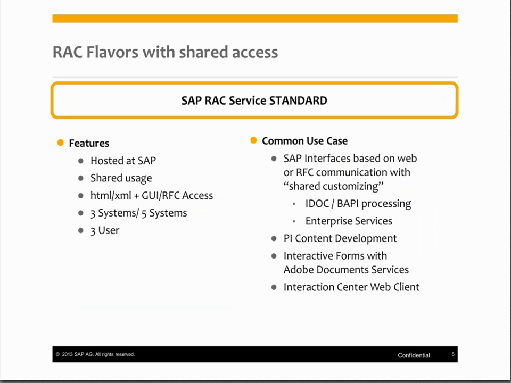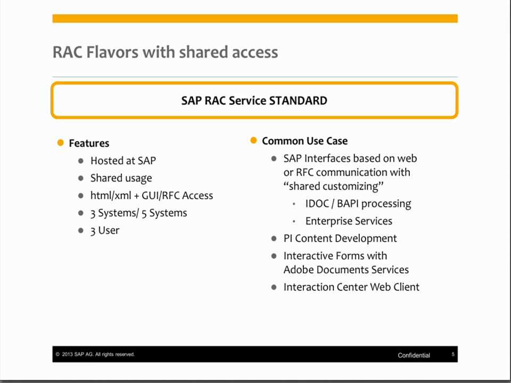The first flavor of the first group with shared access is RAC Standard. Features of that flavor: it is hosted at the SAP data center and operated and supported by the SAP IT team. As mentioned, it comes with shared usage.